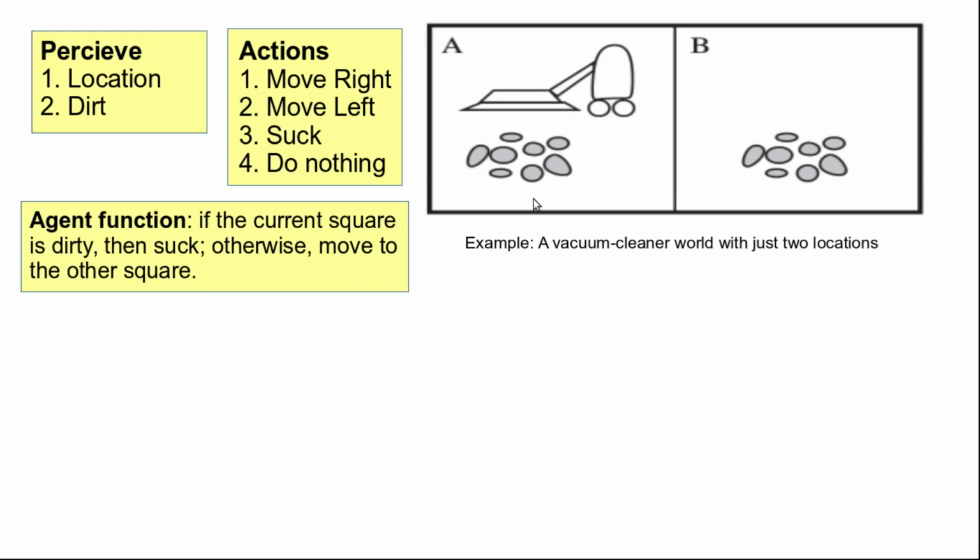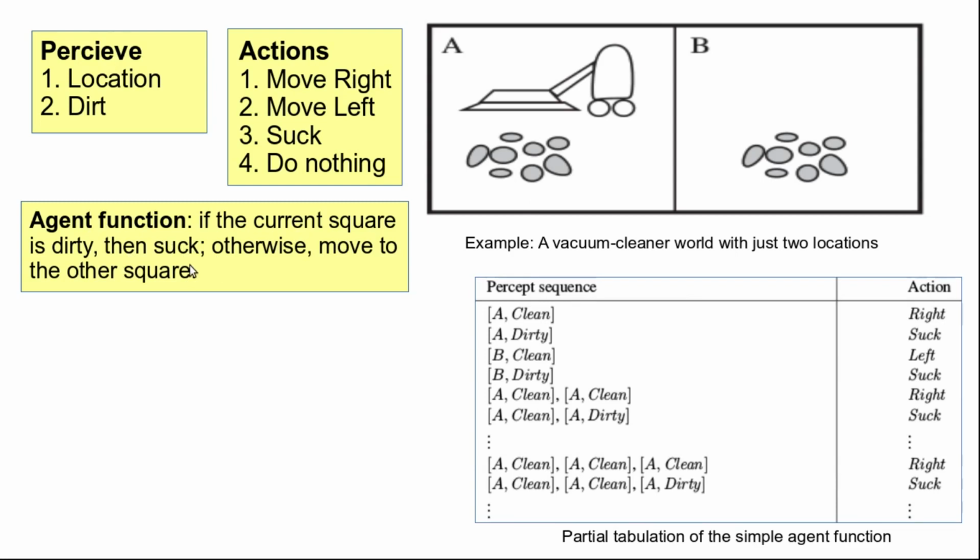Now we can create a table for this agent function, where we have the percept sequence and the action that needs to be performed for a given percept sequence. So what are the possible percept sequences for this vacuum cleaner?